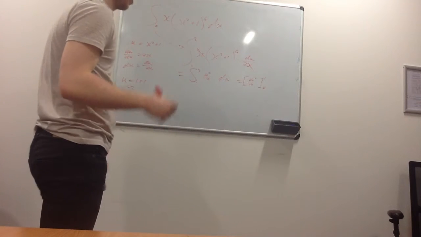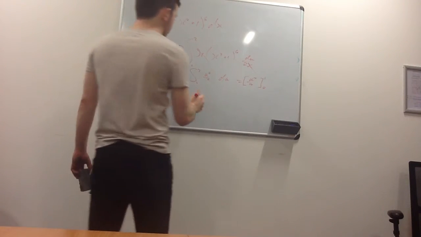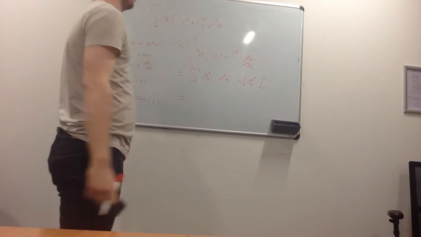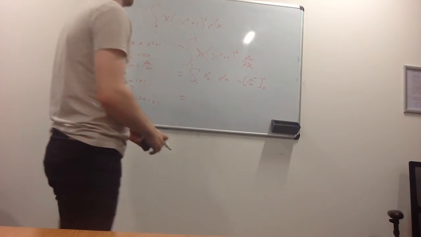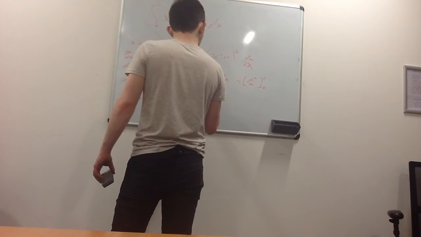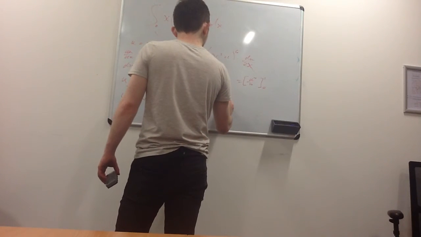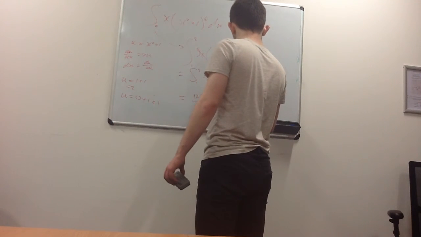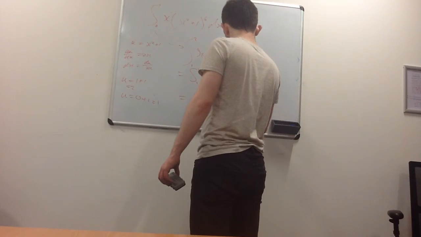Now, does this turn out the same? What is that? That would be 128, if my math is correct. 128 over 14 minus 1 over 14 gives me 127 over 14.